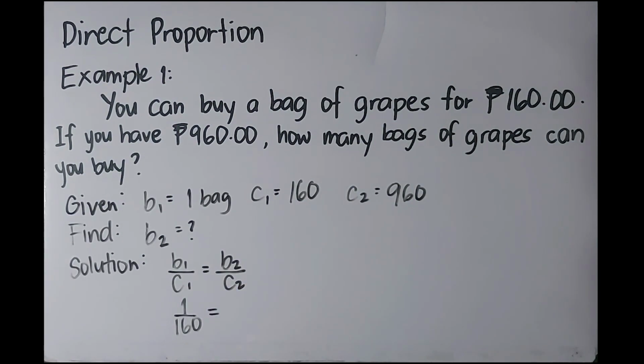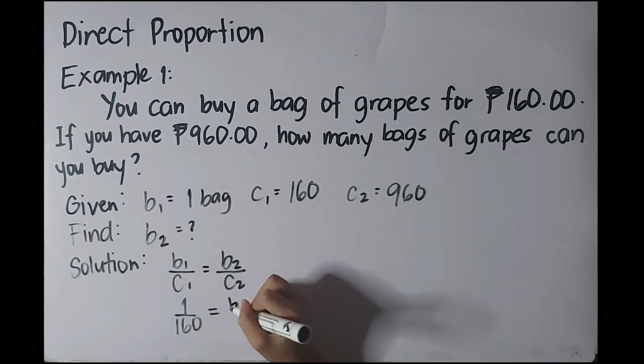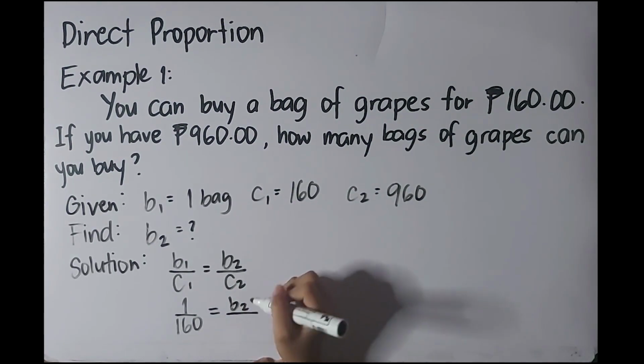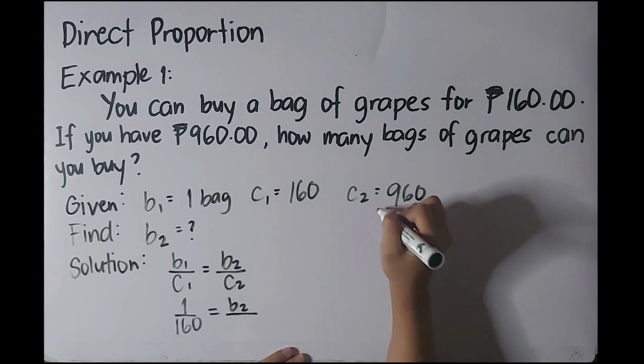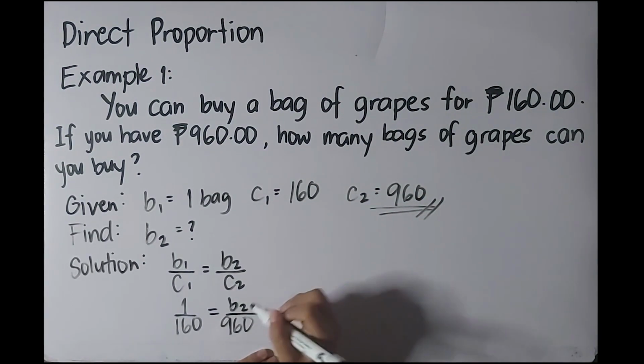That is equal. Since they are directly proportional, as the number of bags increases, the number of bags for the second ratio should also increase. So we have this notation B2 over C2, with the value 960 pesos.